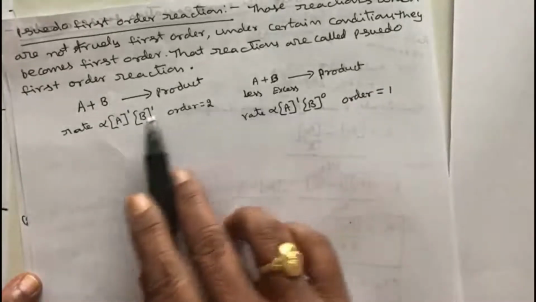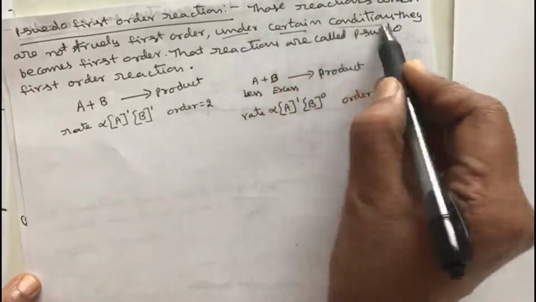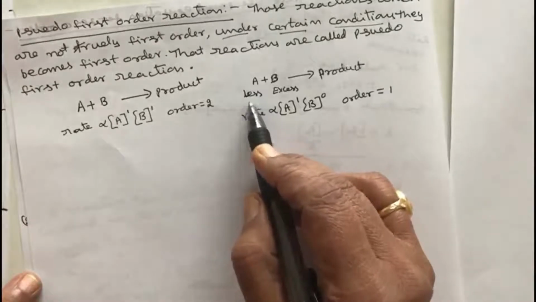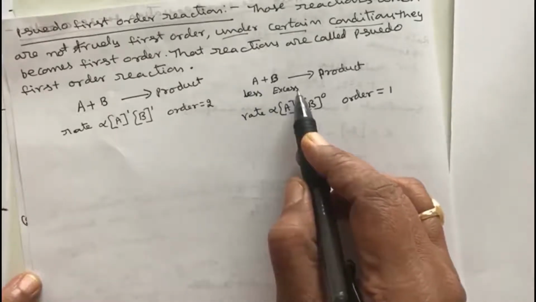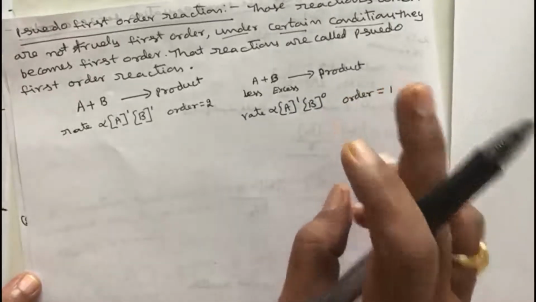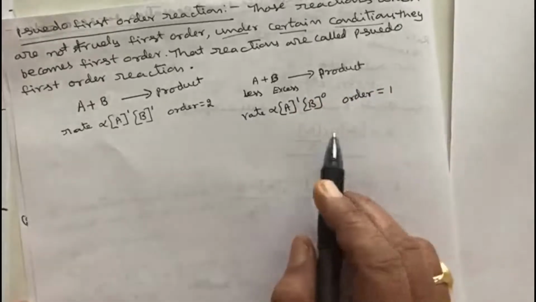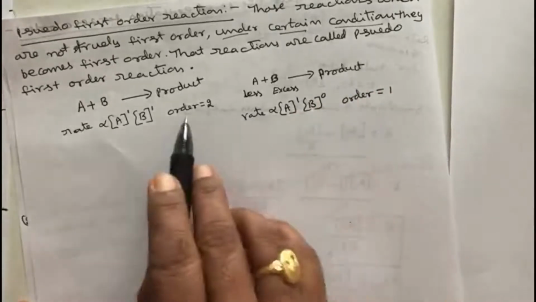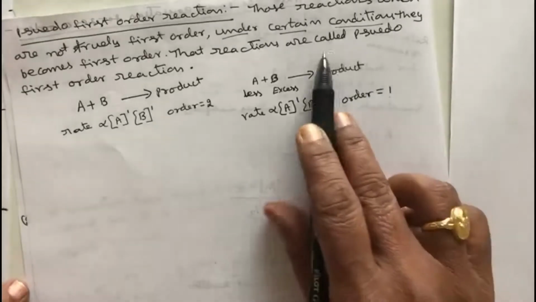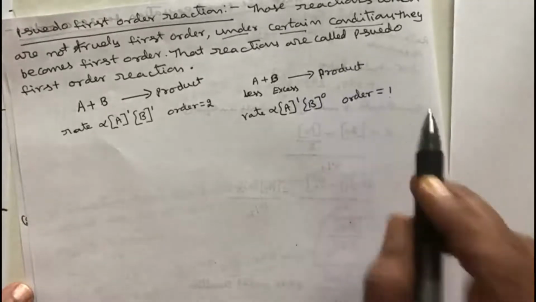Actually the order is 2, but under certain conditions, that is A reactant is less in quantity and B is in excess, the reactant which is present in excess, the order becomes 0. That cannot alter the rate of reaction. That is why instead of 2, the order becomes 1. So it is the pseudo first order reaction. Pseudo means false. False first order reaction.